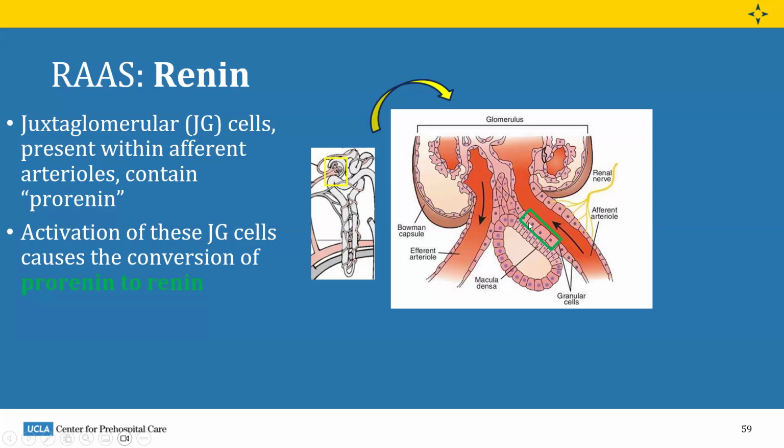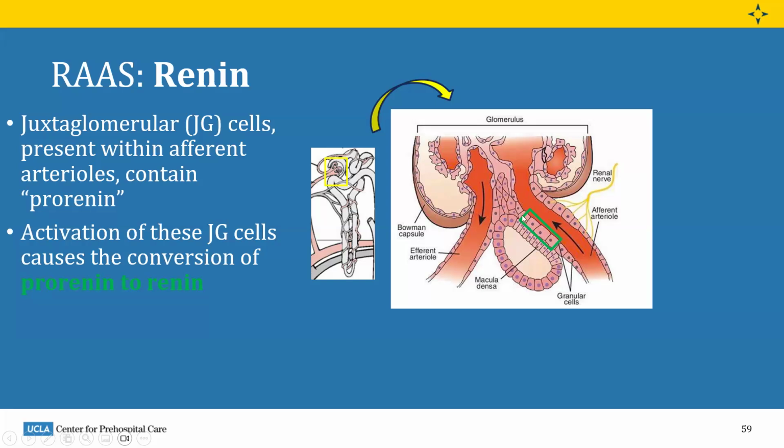Some of the cells in our afferent arteriole that are next to this cross section of the distal convoluted tubule have a special name called juxtaglomerular cells. Juxta just means next to, and glomerular means glomerulus, right? So they're cells really close to our glomerulus: juxtaglomerular or JG cells.